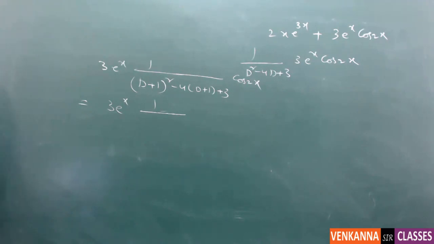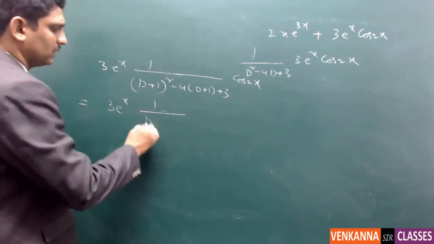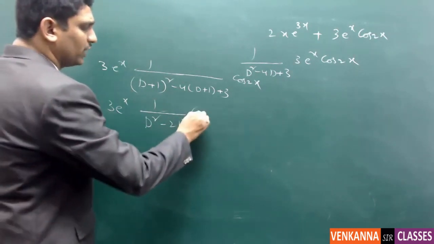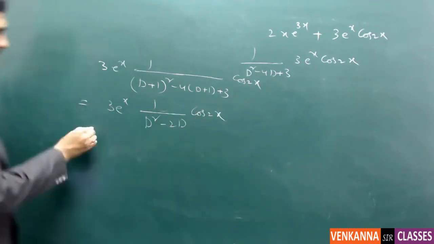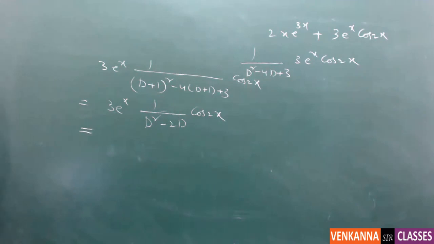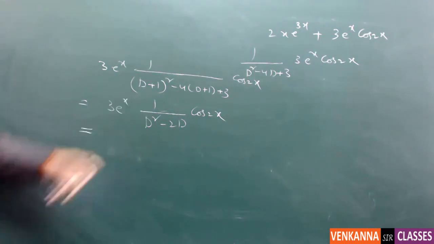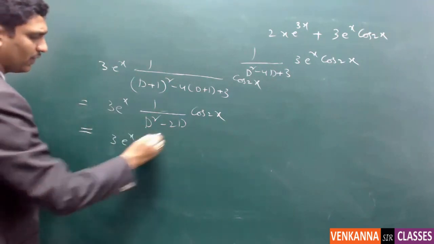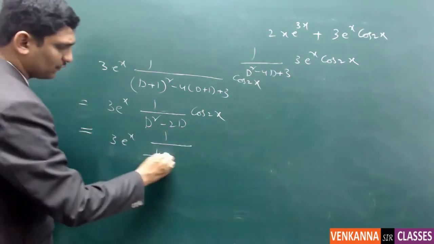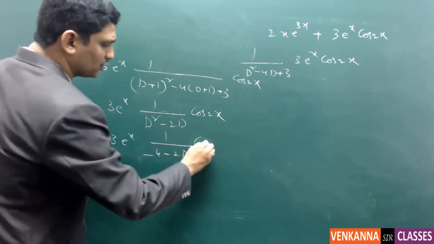On simplifying, it is D square minus 2D into cos 2x. Whenever D square is there, we should replace it with minus a square. So 3 e power x into 1 by minus 4 minus 2D of cos 2x.